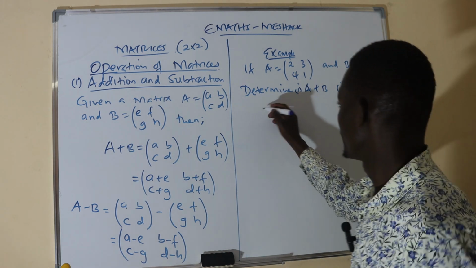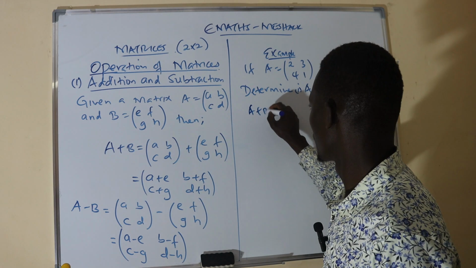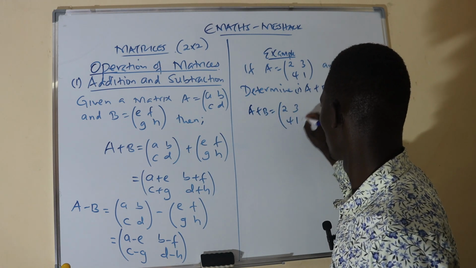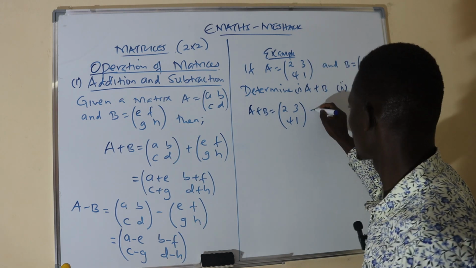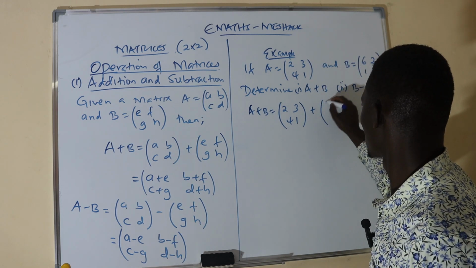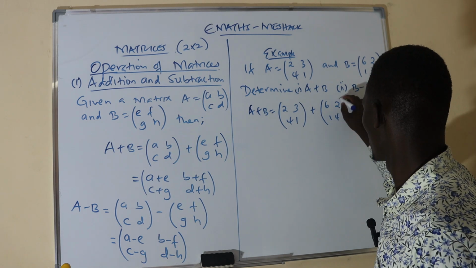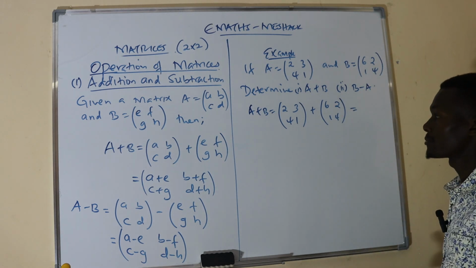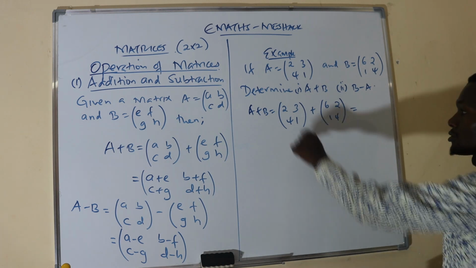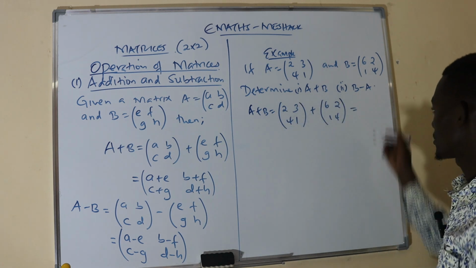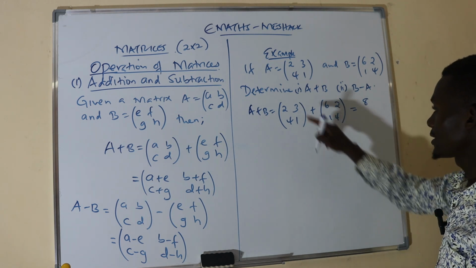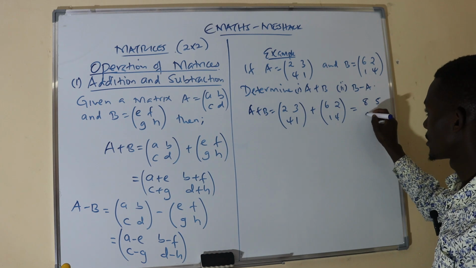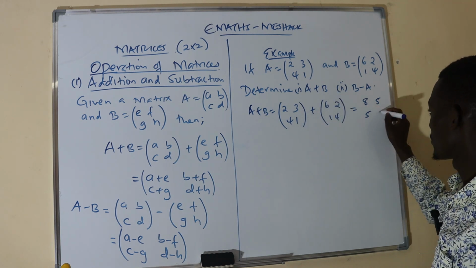So A plus B is the matrix 2, 3, 4, 1 plus 6, 2, 1, 4. Elements in the same position are added. 2 plus 6 gives 8, 3 plus 2 gives 5, 4 plus 1 gives 5, and 1 plus 4 gives what?